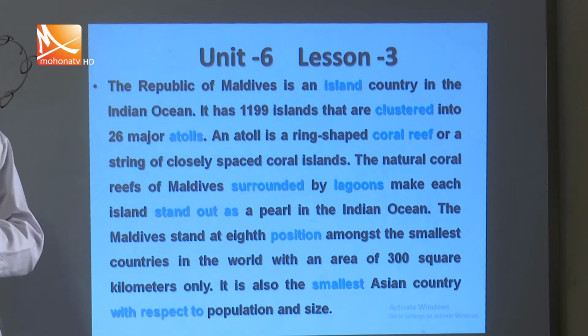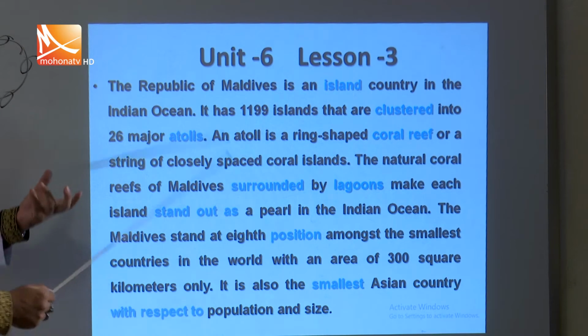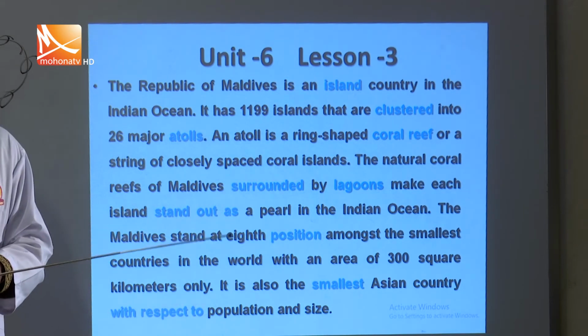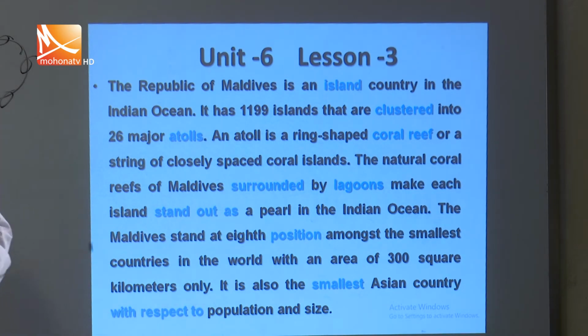You know, pearl is a very expensive stone. So they look like a pearl in the ocean, because all around there is water, and in the water it looks like a pearl. Stand out means appear, look like.